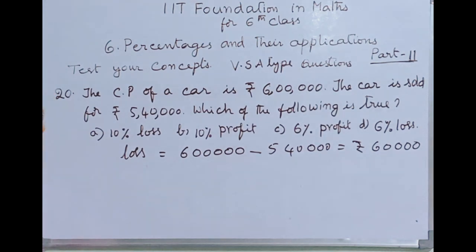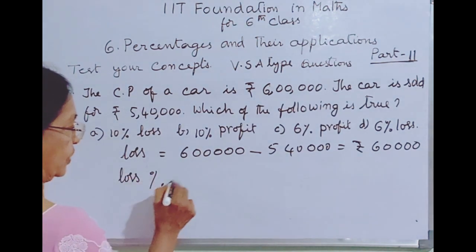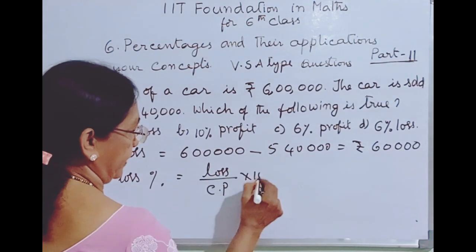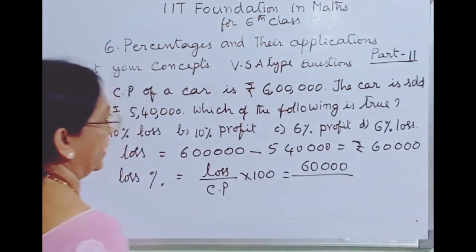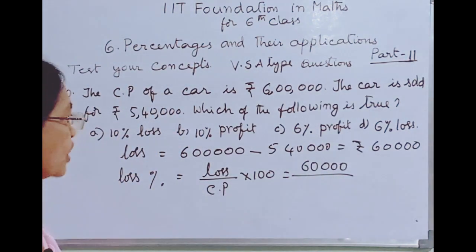So loss is 60,000. Loss percent is equal to loss by cost price into 100. Loss 60,000 by cost price. Loss or gain percentage is calculated on cost price.